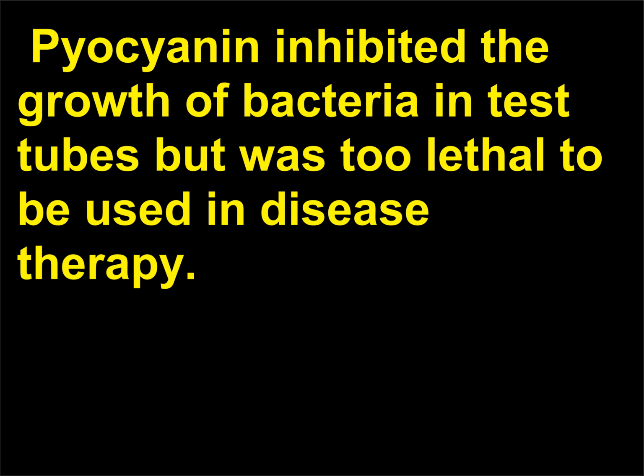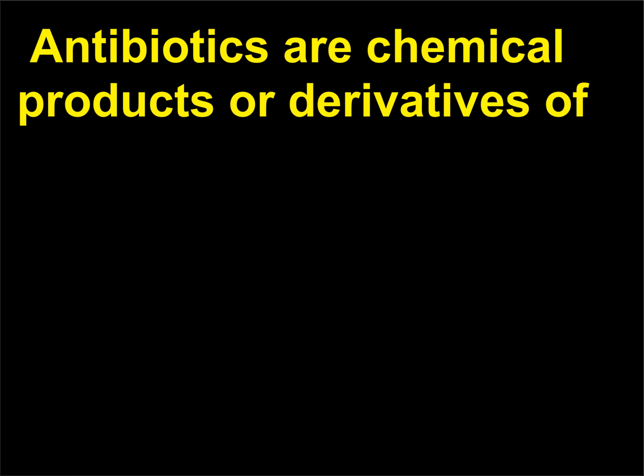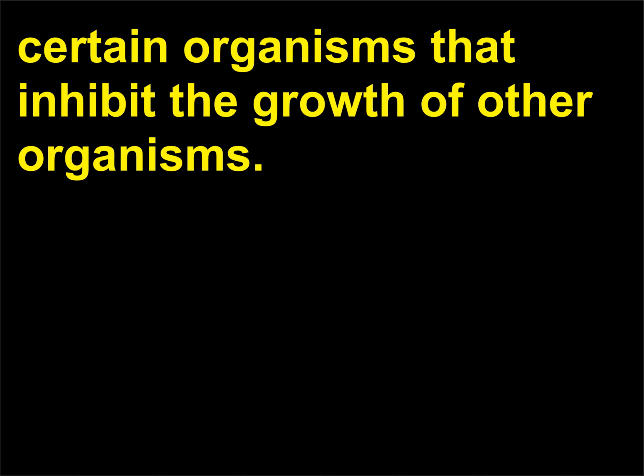Pyocyanin inhibited the growth of bacteria in test tubes but was too lethal to be used in disease therapy. Antibiotics are chemical products or derivatives of certain organisms that inhibit the growth of other organisms.